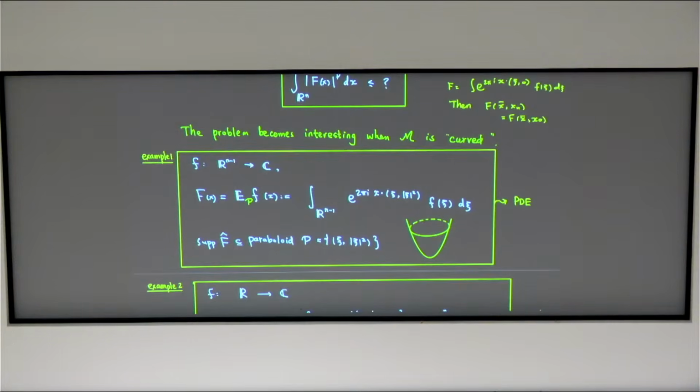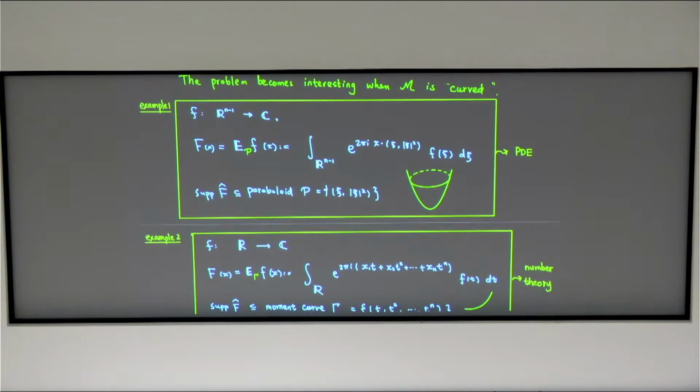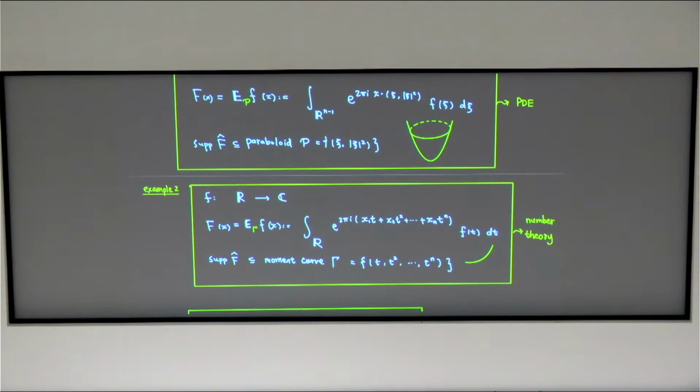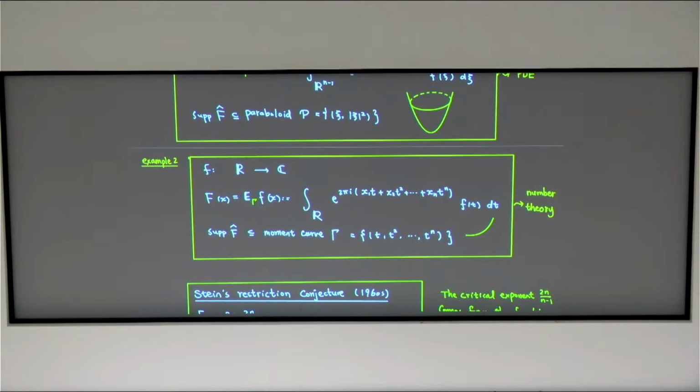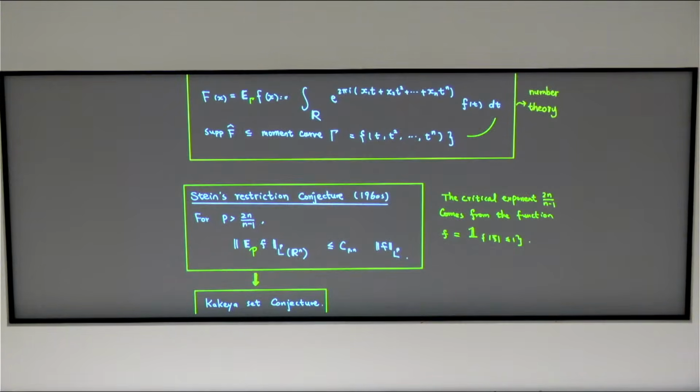So here are some examples. When f has Fourier transform supported on the paraboloid, such a function is related to problems in PDE. So this is a solution to the linear Schrodinger equation. And then there is a second example when f has Fourier transform supported on the moment curve, which is related to number theory. Josh already talked about it in the first lecture.